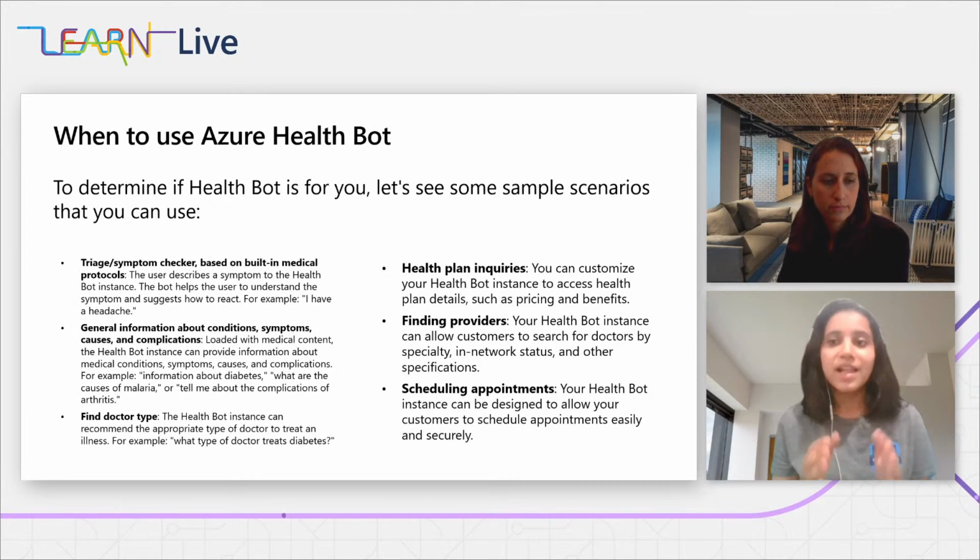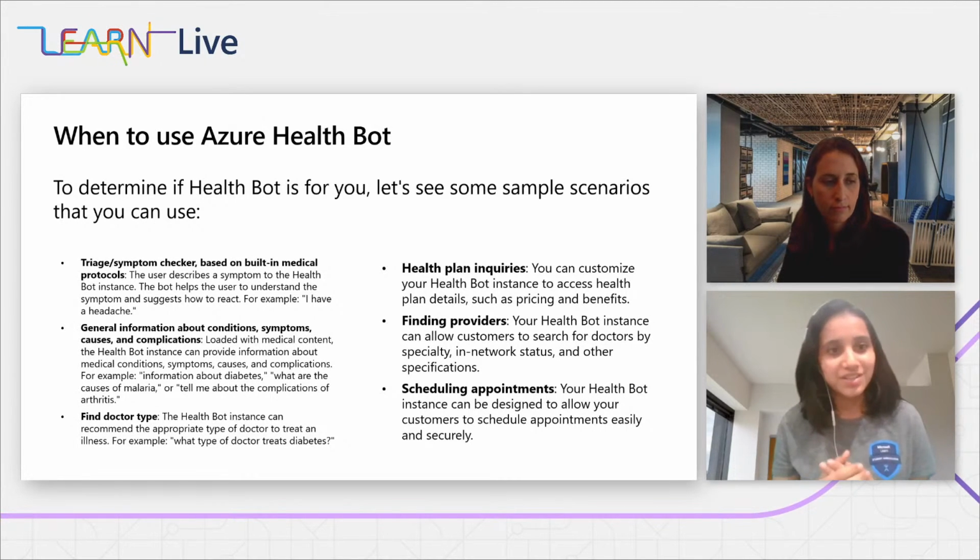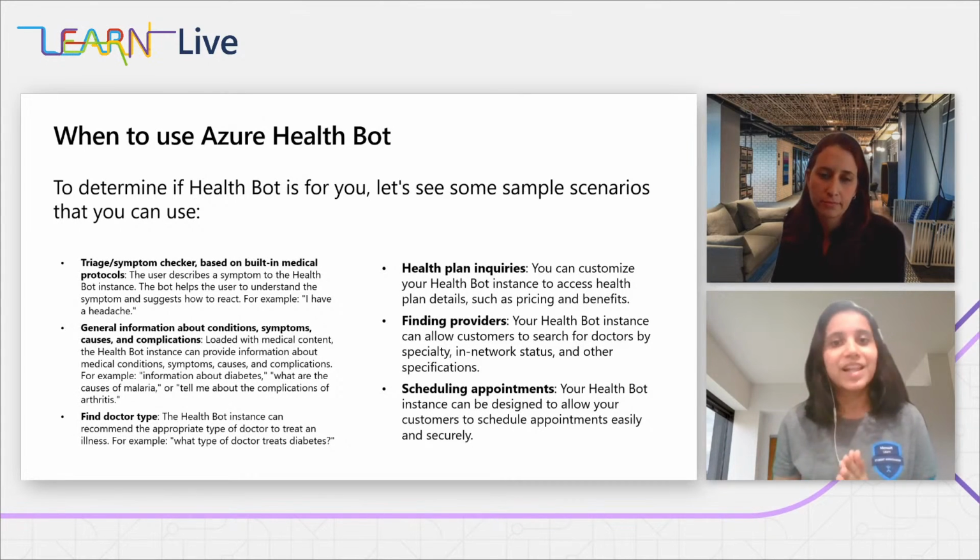In such cases, the HealthBot instance, which is loaded with medical content, can provide you information on medical conditions, symptoms, causes, and complications. The third one is find the doctor type. Let's say I want to know which doctor can treat diabetes. In this case, the HealthBot instance can recommend the appropriate type of doctor to treat the illness.